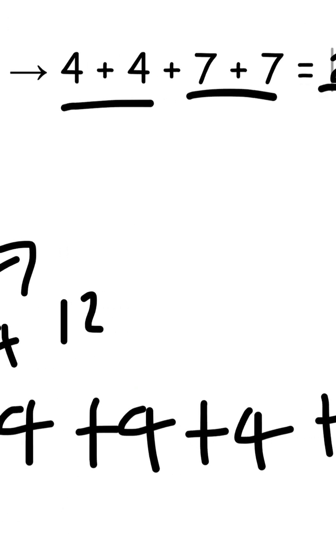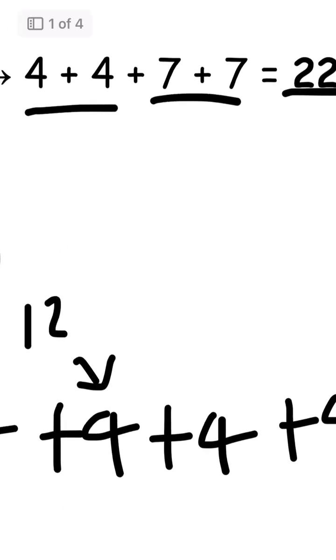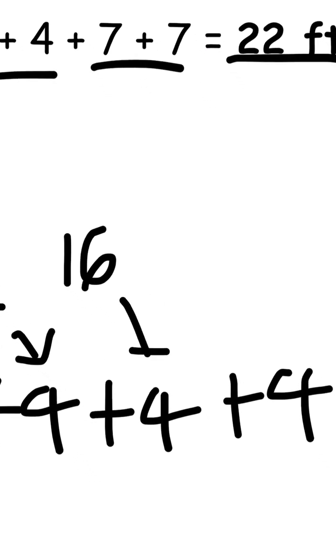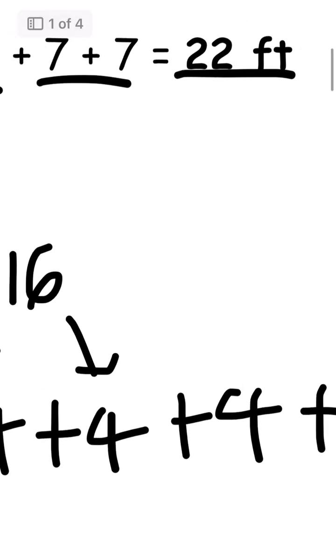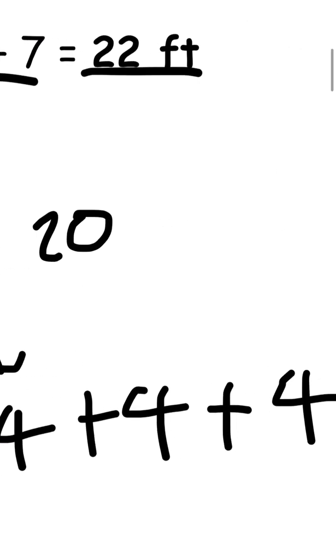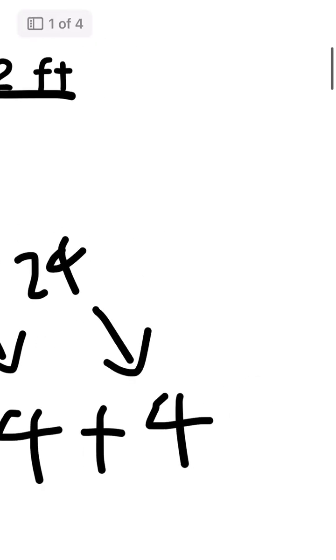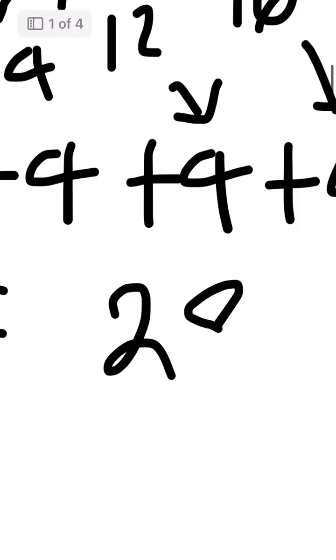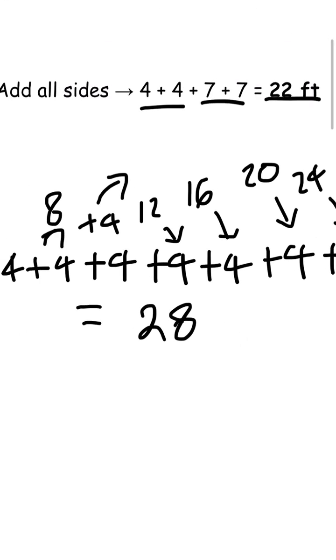And then 12 plus 4, it's going to be 16. 16 plus 4, it's going to be 20. Then 20 plus 4 is going to be 24. And 24 plus 4 is going to be 28. So the answer is going to be 28.